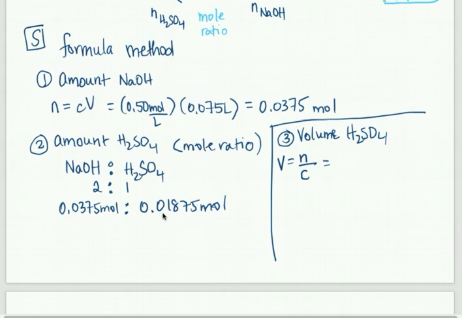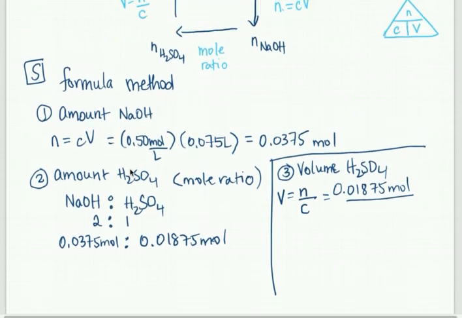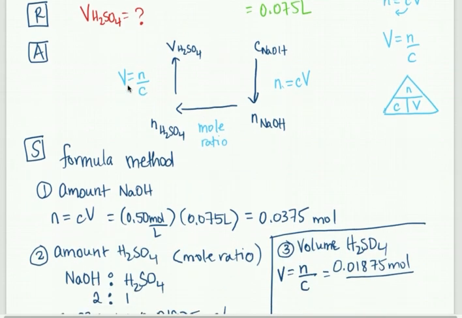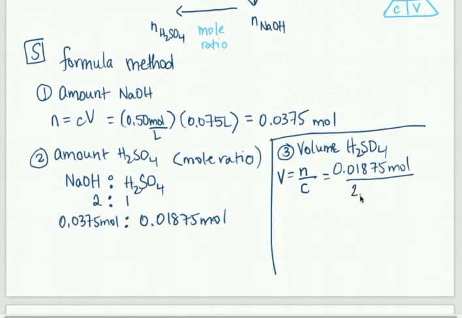So the amount we found here from the mole ratio, we're going to divide by the concentration. Where's the concentration of sulfuric acid? It was given to you here, remember the 2 molar. So we're just going to write divide by 2 mole per liter here.